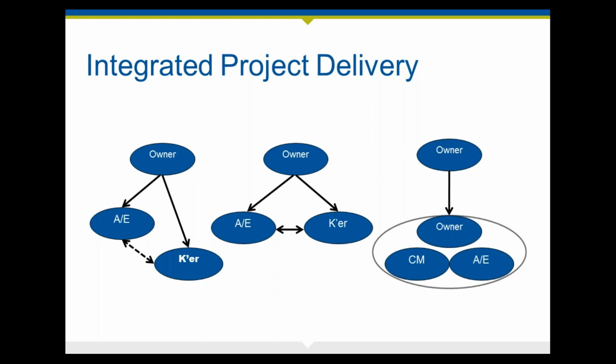You could have more or less a traditional owner-architect-engineer and owner-contractor relationship that is more or less the same as a design-award-build, or you can have a tri-party agreement between the owner, architect, and the contractor, or you could have a single purpose entity theoretically between the owner, the construction manager, and the architect-engineer to form a special purpose entity to do the project.